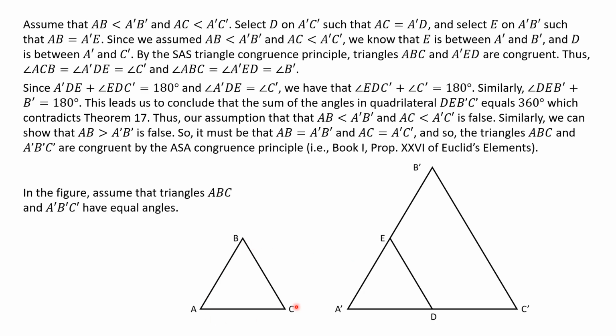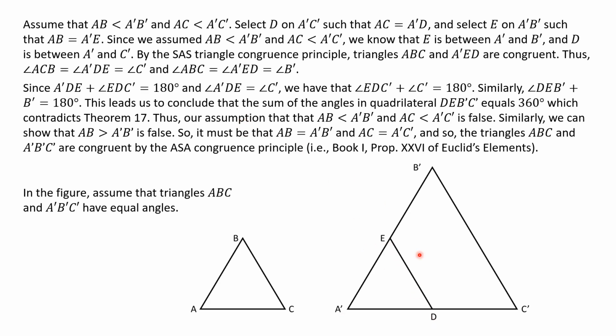So this triangle is congruent to this triangle, and we can conclude that the angle ACB at C is equal to A prime DE, and the angle ABC is equal to A prime ED.